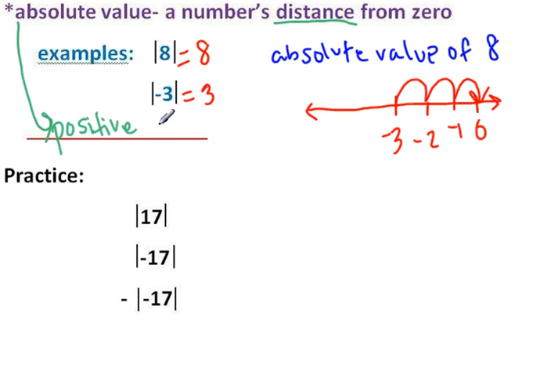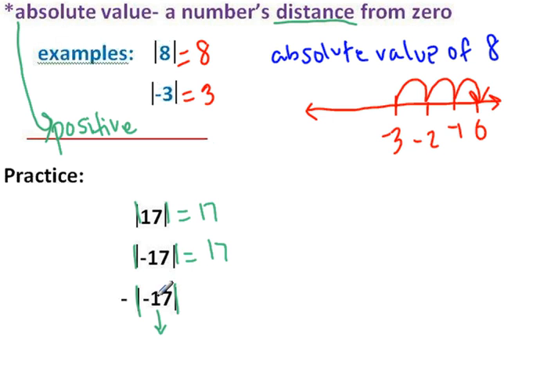Now I need you to listen very carefully. That doesn't mean every answer to a question is positive. For example, the absolute value of 17 is 17. That's how far away it is from 0. The absolute value of negative 17 is also 17. That's how far it is away from 0. But in this question, we need to be careful. What comes out of these symbols is positive because it's a distance.